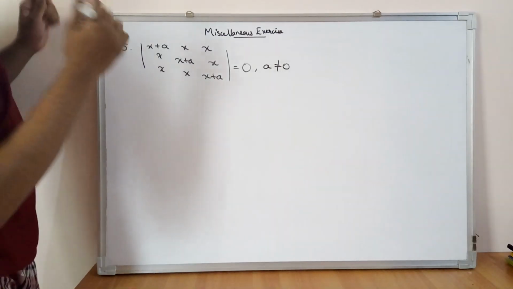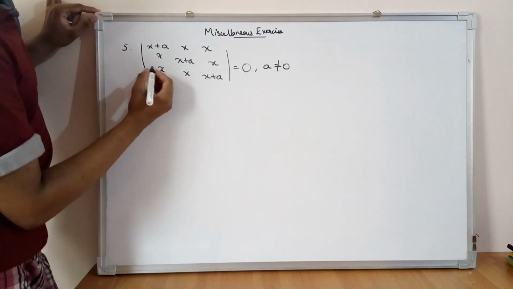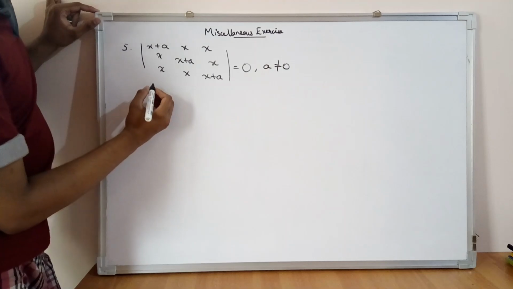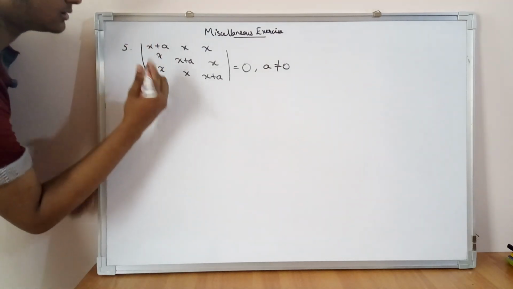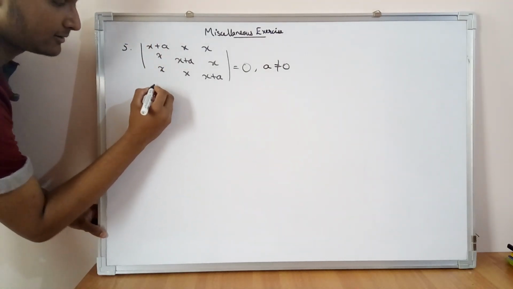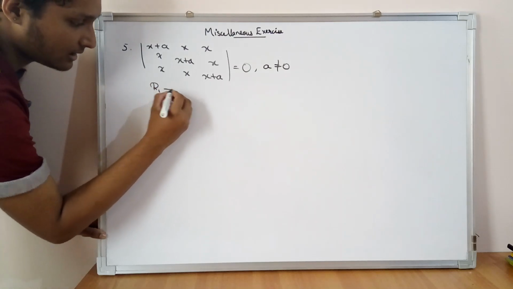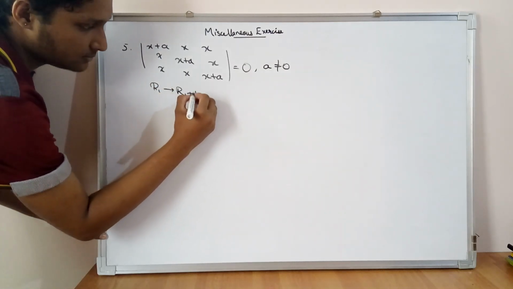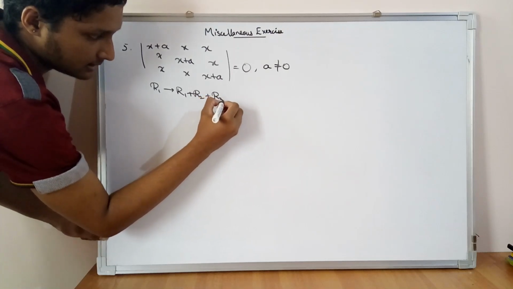So what is it going to be? We will do one thing. We are going to add all the rows, R1 becomes R1 plus R2 plus R3.